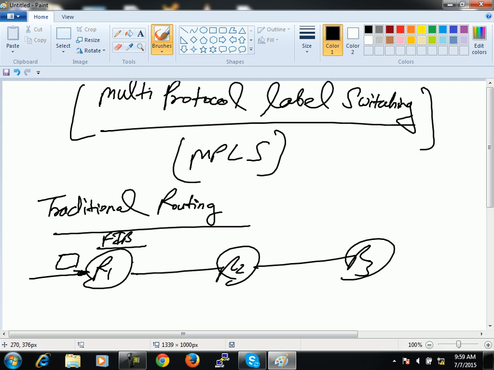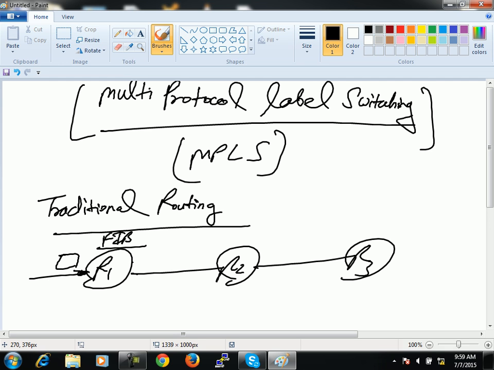It will look at the exit interface as well as the next hop address, and accordingly switch your packet. And this process will happen for each and every received packet. Routers will open the IP header of all received packets. It's mandatory to open the IP header of each received packet.